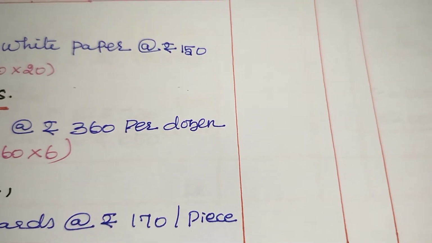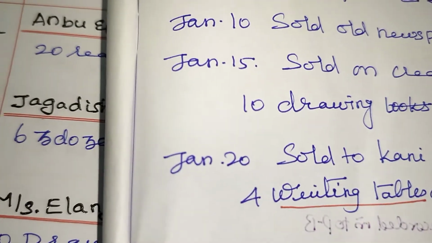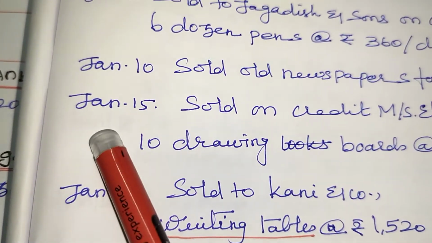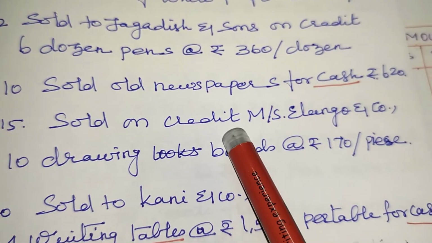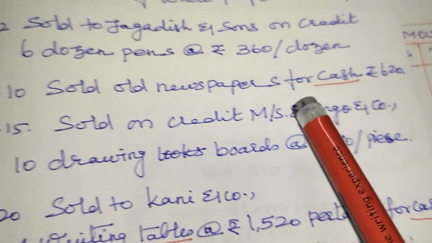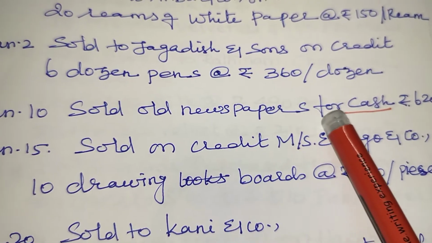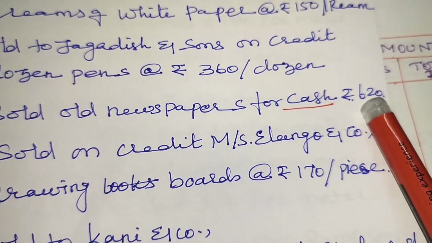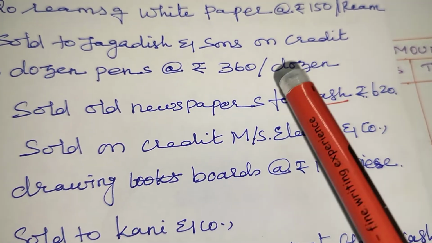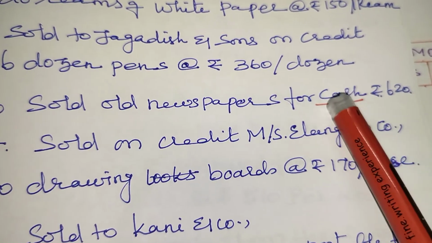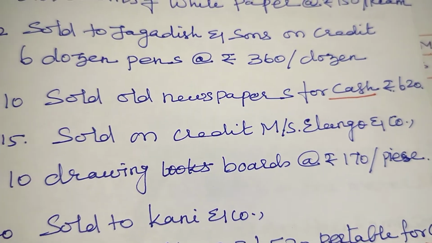We entered it. Then the next transaction is January 10, sold old newspaper for cash rupees 620. So what does this transaction tell us?